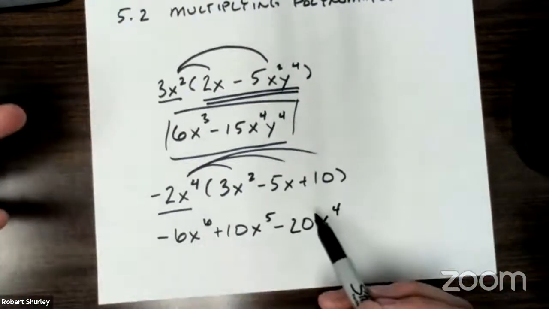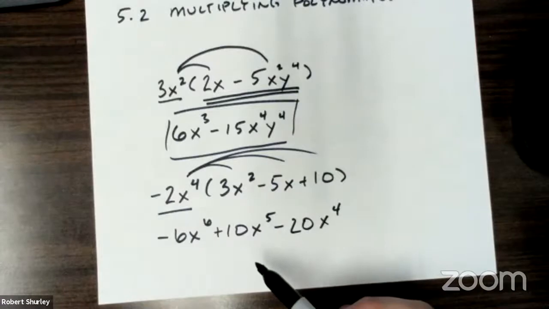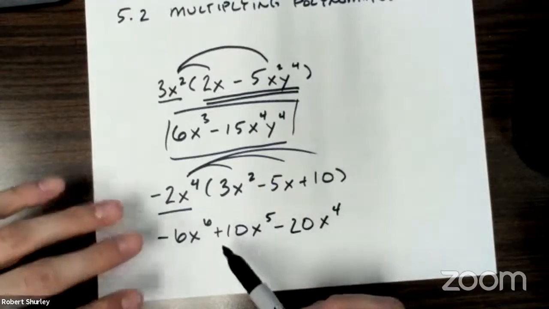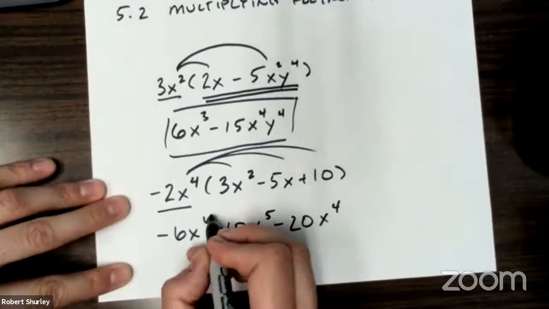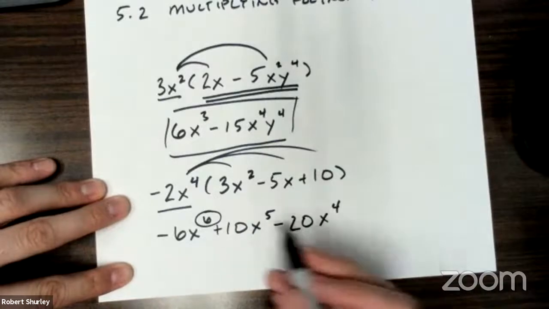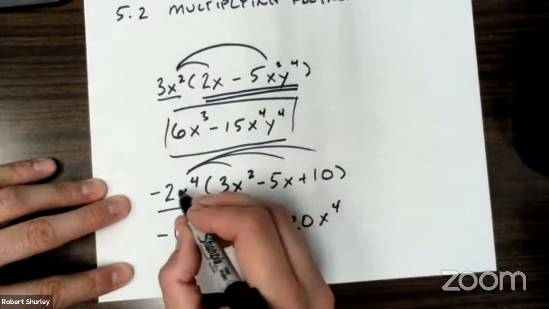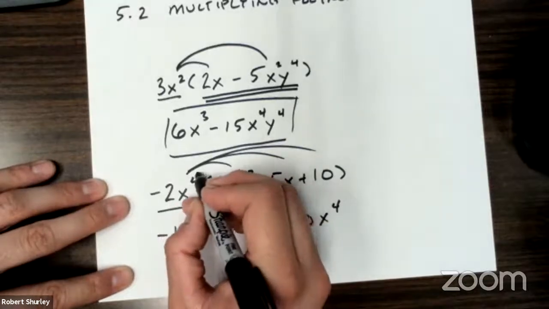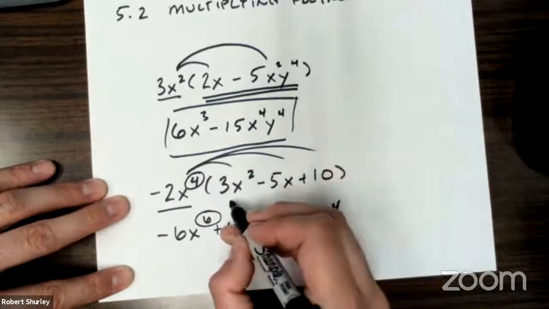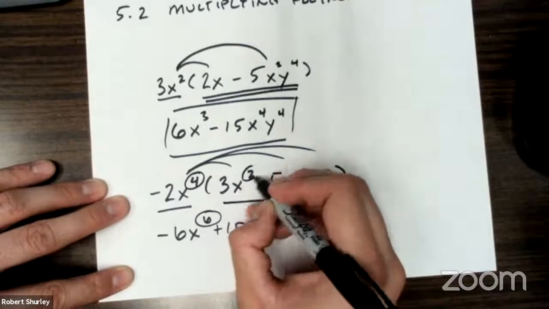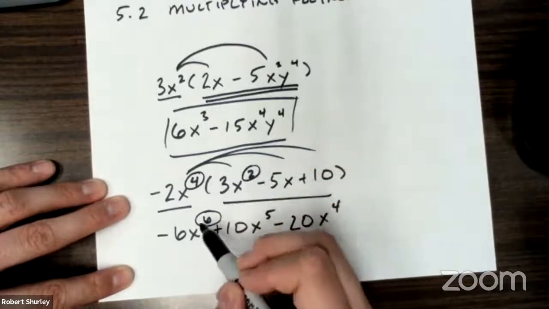And then just a little reminder here, and something that's neat in a way. Notice when we multiply these together, the degree of the product is 6, right? Before we multiplied them, the degree of the monomial out here was 4, and the degree of the trinomial was 2. Hey, you add those together, you get 6.